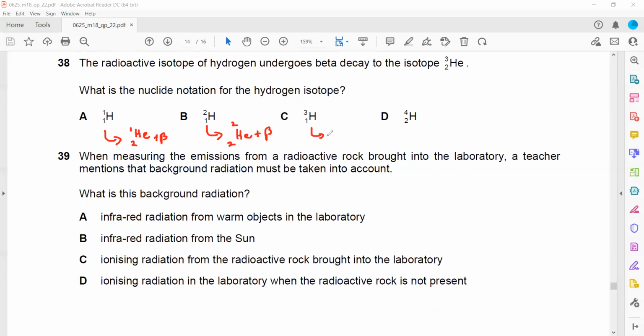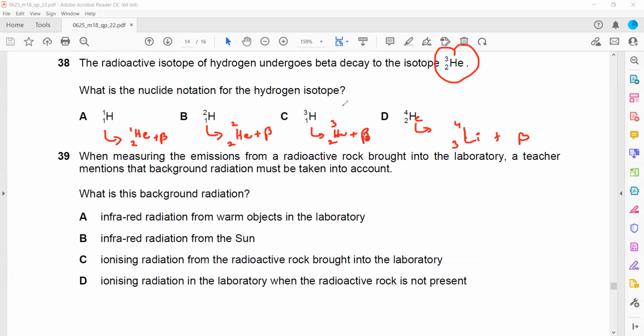And even this is wrong, the symbol, because 2 protons is not hydrogen, 2 protons is helium. It should be helium. So if helium undergoes a beta decay, atomic mass does not change and atomic number increases by 1.